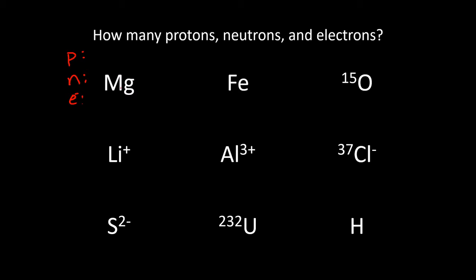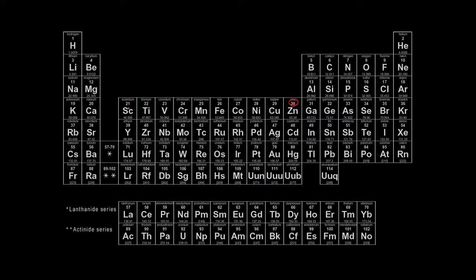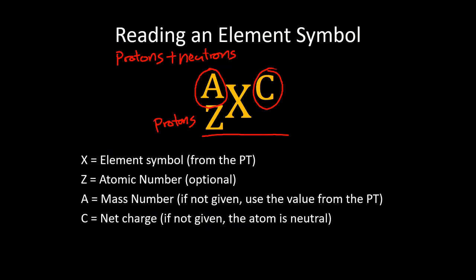If you go back to the periodic table, what you'll find is that magnesium is element number 12, and that it has a mass number of essentially 24. We're going to round it off. We'll talk about why it's not exactly even in a later video. But for now, we're going to just round it off.